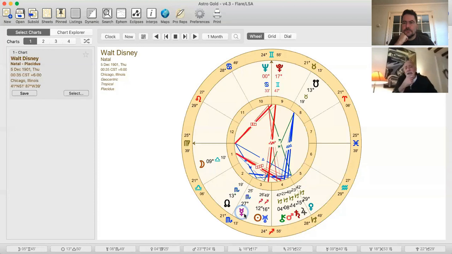Partly, as I already said, in terms of the relationship with his brother, the relationship with his mind and the world of ideas, the ability to create his own world. The third house is theme parks. The third house is parks. They're a form of community or communes, like he started with the houses for his employees.